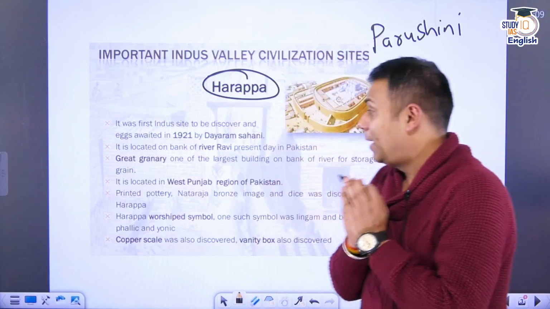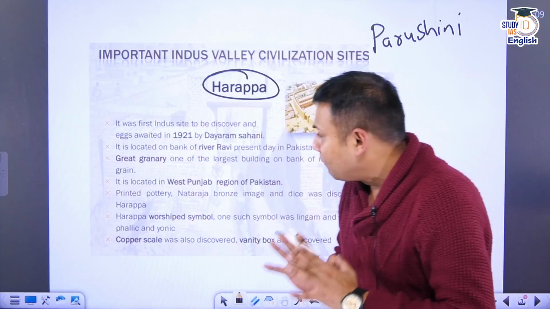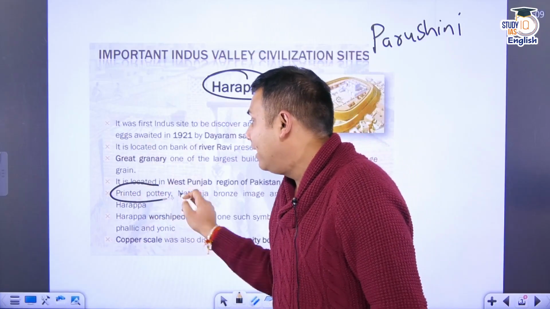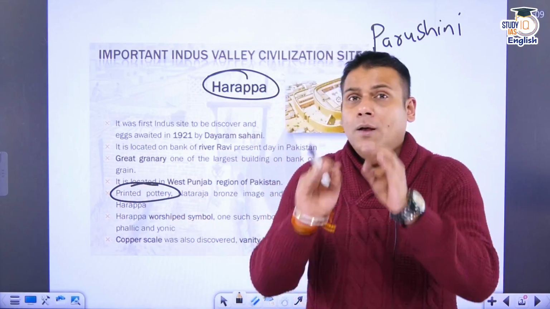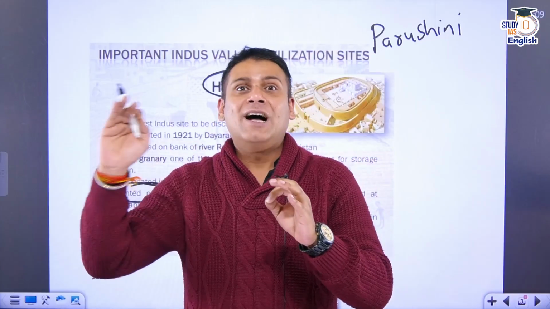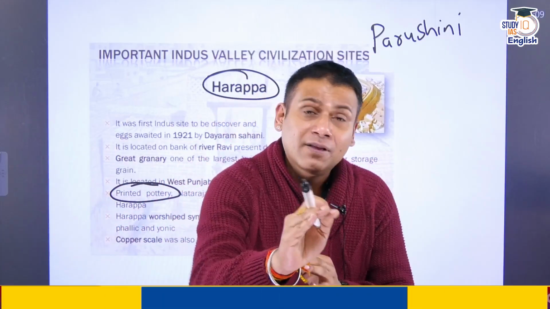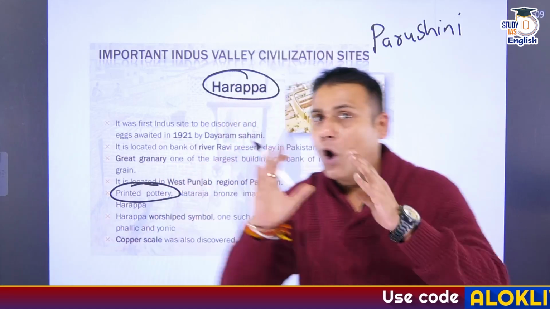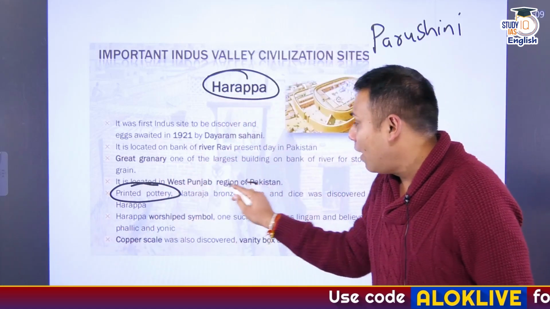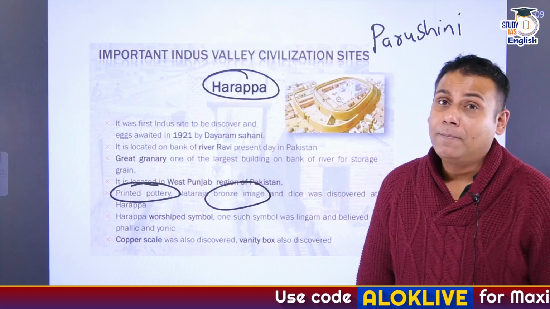Now, what are the key findings from the site of Harappa? The most important finding from the site of Harappa was painted pottery. It is not printed pottery, it is painted pottery. Bronze image of Nataraj. You might have seen the dancing statue of Lord Shiva. That is Nataraj. So the bronze image of Nataraj has been found at the site of Harappa.